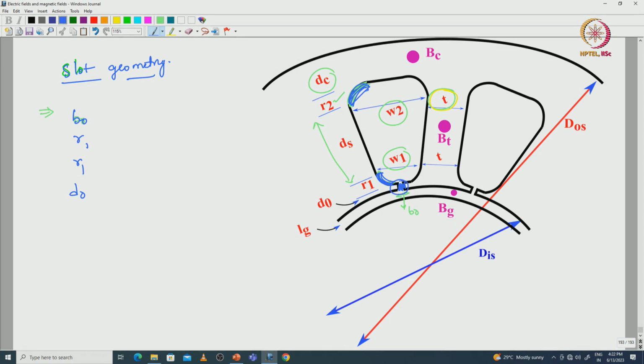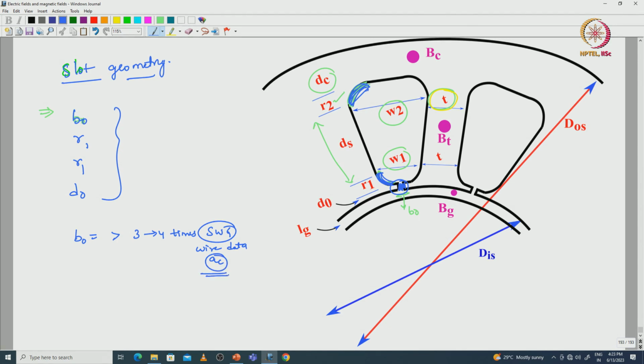So, these are the 4 parameters we have to assume as per the designer's initial data, but B0 value we have to consider greater than 3 to 4 times the SWG wire data, like the cross sectional area of the conductor we know.